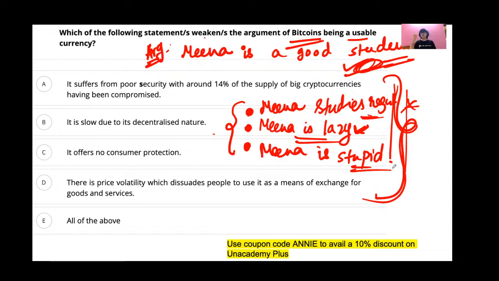To be a good student, you require some intelligence. So if this becomes true, then this argument weakens. So your answer will be these two options. Similarly, in the same way you have to answer this question. Okay, fine. So bitcoins are a usable currency.